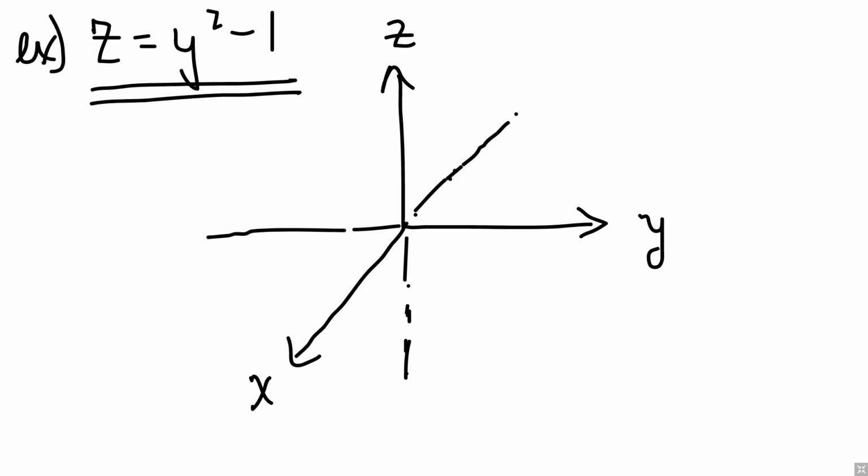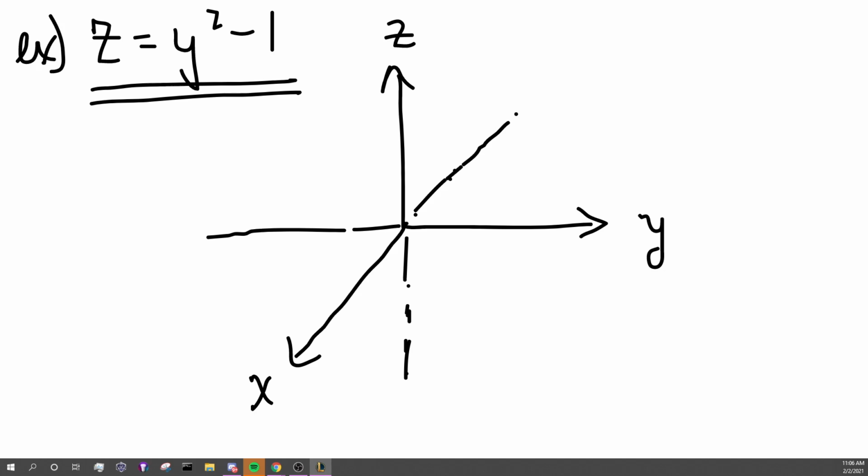So it's going to be based in the y and z axis. If I look at this closely, it's going to be a parabola. The lowest value on z is going to be -1, and this is going to be a parabola that opens up.